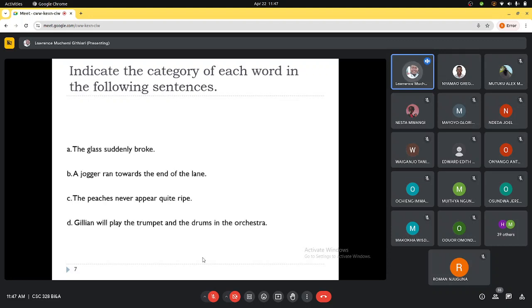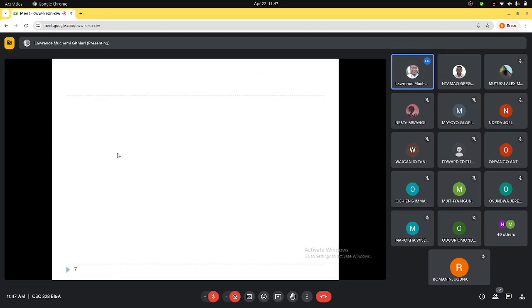Now here, of course, you can jog your mind a bit. You can indicate the categories of each word. The glass suddenly broke. Let's start with the. The is, of course, a determiner. Glass is a noun. Suddenly is what? We've just seen it up there.